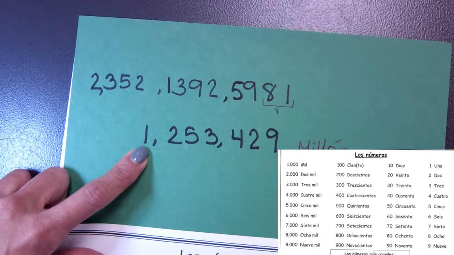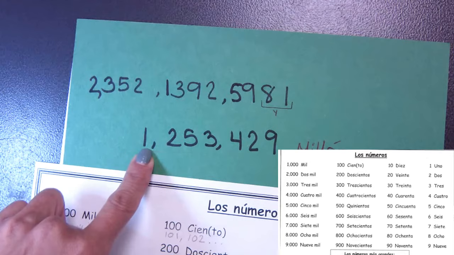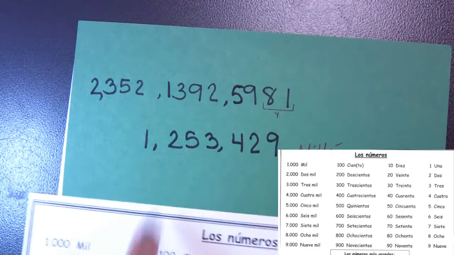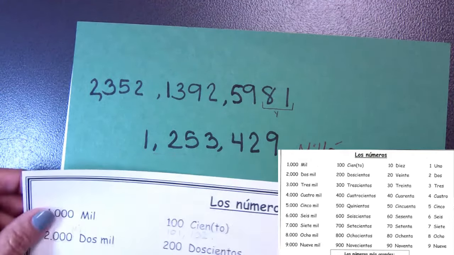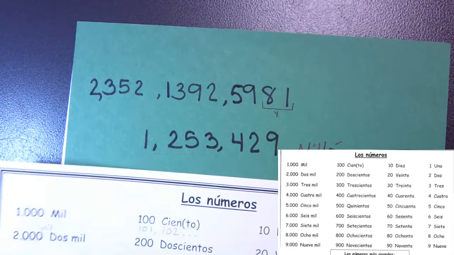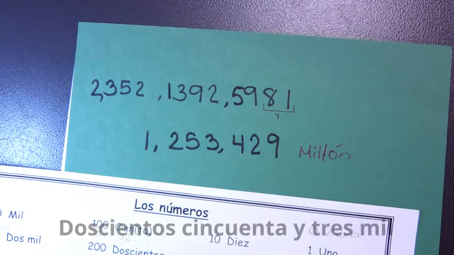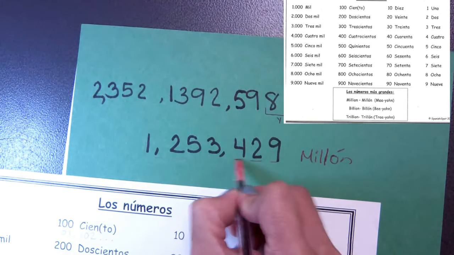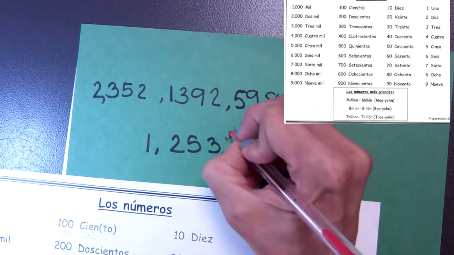Y en español, we read it like this, okay? Which is un millón, 253,000. Sorry guys, 253,000, because once you have these three numbers next to it, you know that is mil.